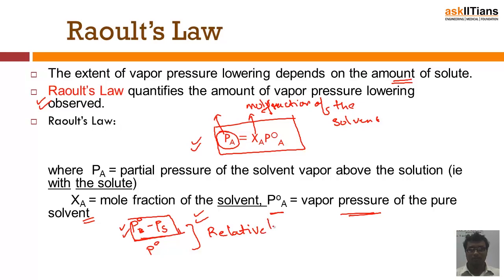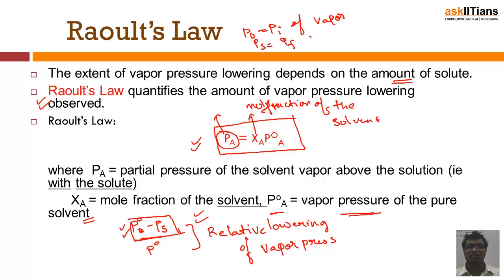relative lowering of vapor pressure. Again I am defining it. P naught is the initial vapor pressure of the solvent, and Ps is the final vapor pressure of the solvent.